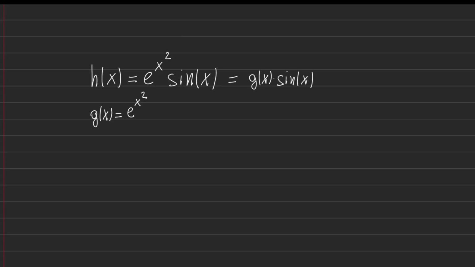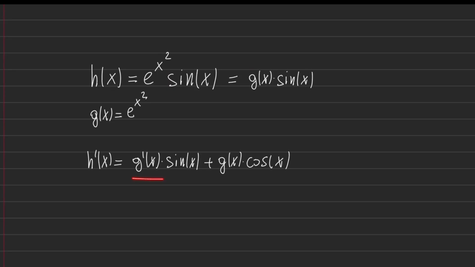So now you can easily compute the first derivative of h of x by using the product rule between these two functions. So h prime of x is going to be equal to g prime of x times the sine of x plus g of x times the cosine of x, where here I just apply the product rule between the functions.